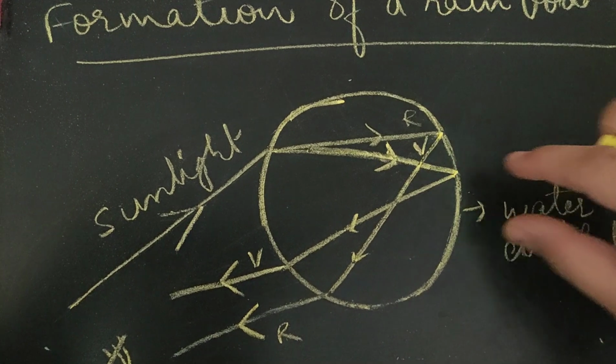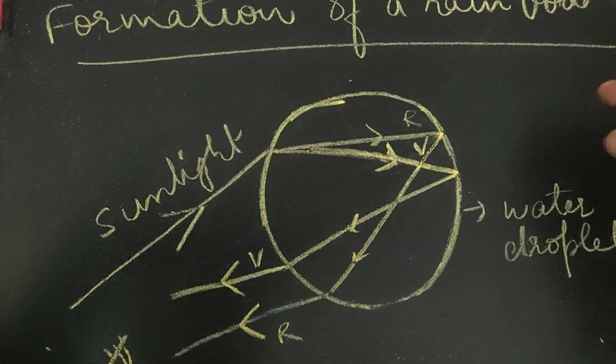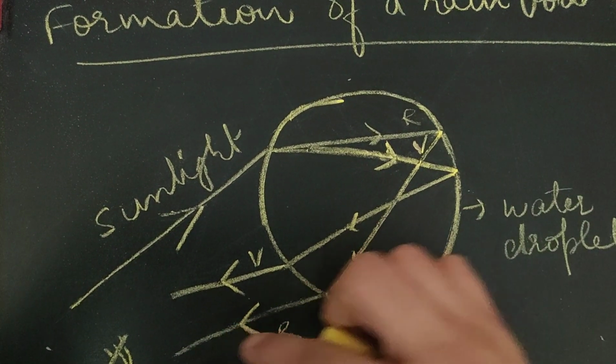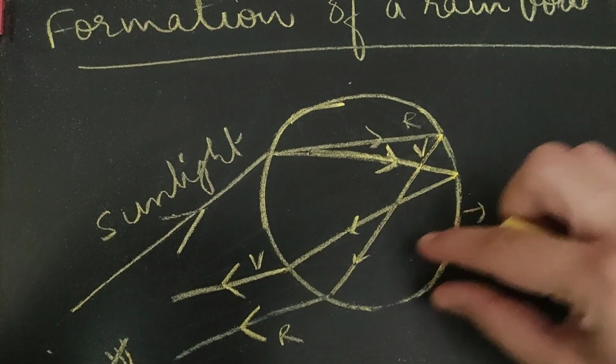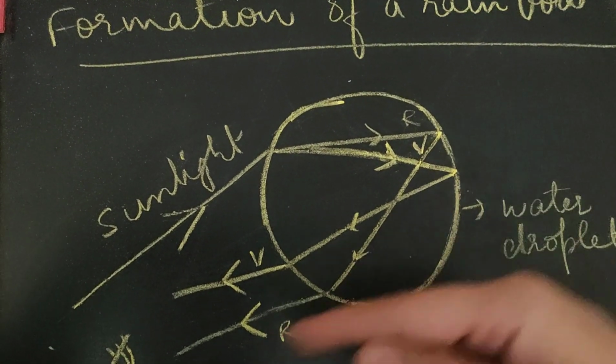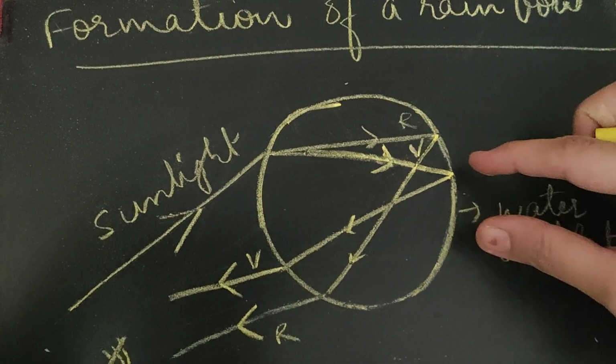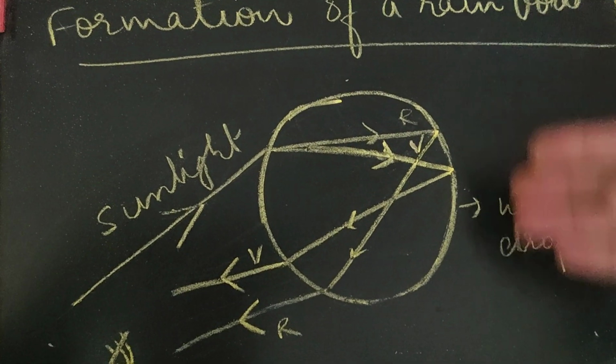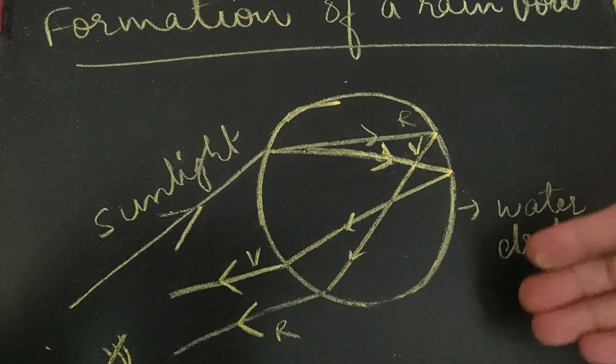From the next section, the yellow color will be entering the eye. From the next section, the orange will be entering, and so on. VIBGYOR will be entering the observer's eye from different sections of droplets in front of the observer.